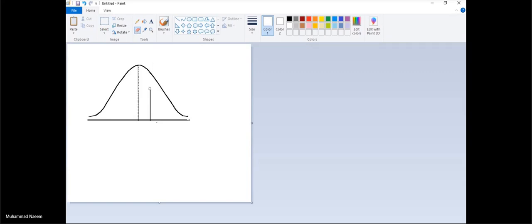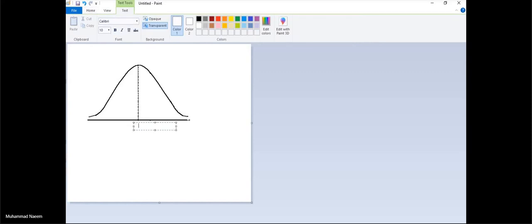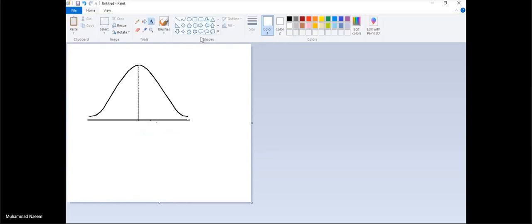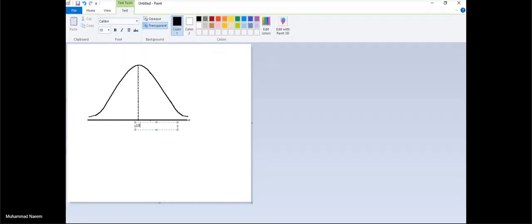In our problem, we have the mean value 10, which is in the center.